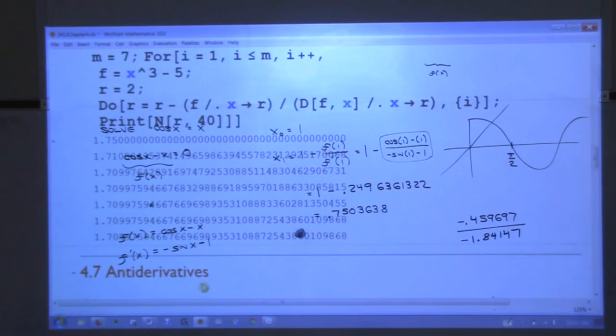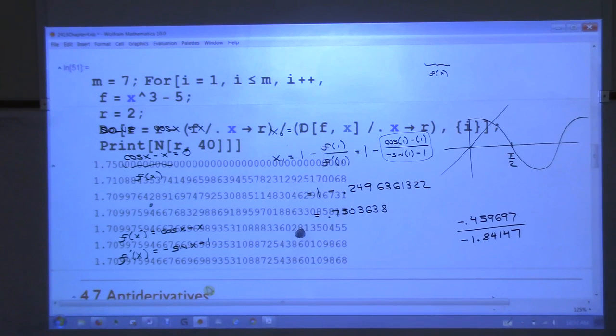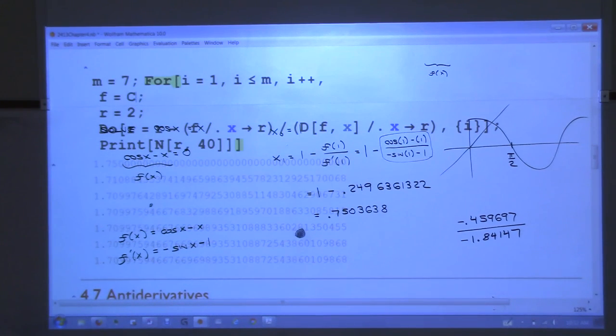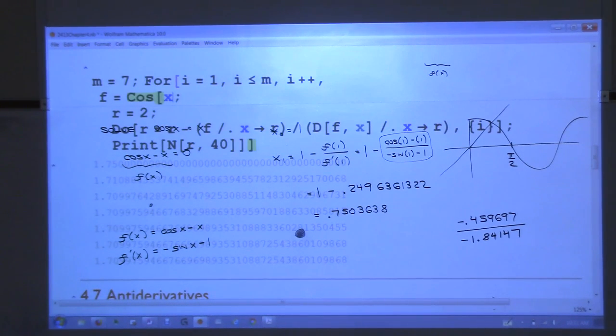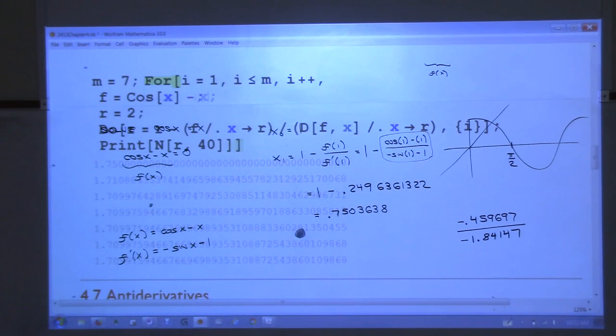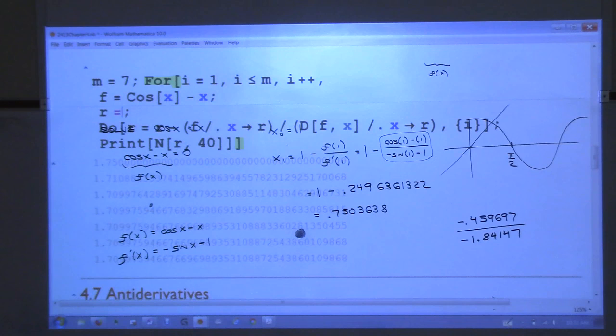So I'm going to go back up to this thing. I'm going to edit my code real quick here. We were trying to solve cosine x minus x, right? And our guess to start was 1.